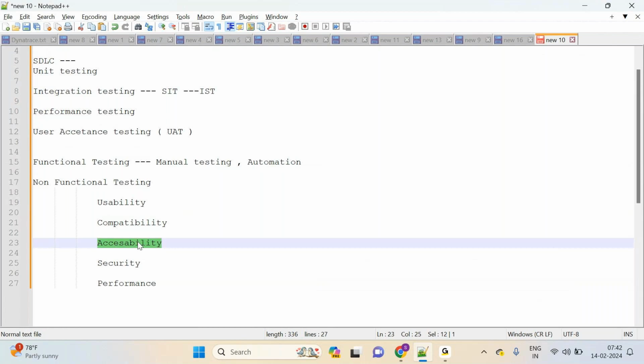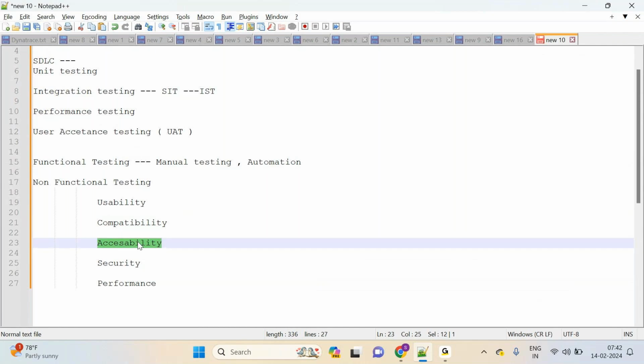Even if you look at your keyboard, when you are using your computer or laptop, exactly on the J button, there is a small projection. Why?